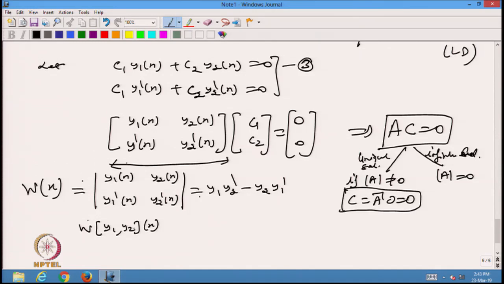This W, which is the determinant of the corresponding matrix, is called the Wronskian. So in this case my Wronskian is equal to y1 y2' minus y1' y2, that is, the determinant of this matrix made up of the functions.